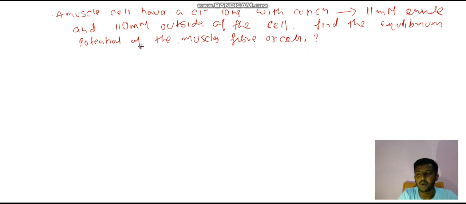So how are we going to approach this? After seeing the question, very first we need to see the data. The data has been given. The concentration outside is 110 millimolar and the inside is 11 millimolar. So we remember the formula. Here a single ion is there, so we are going to use the Nernst equation.